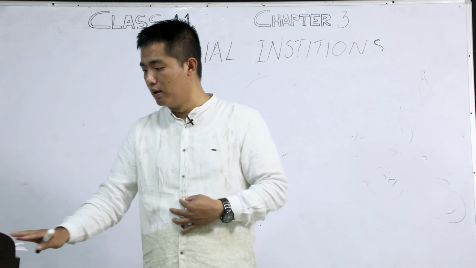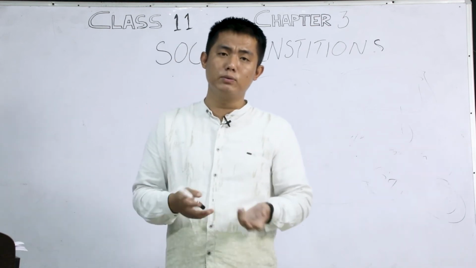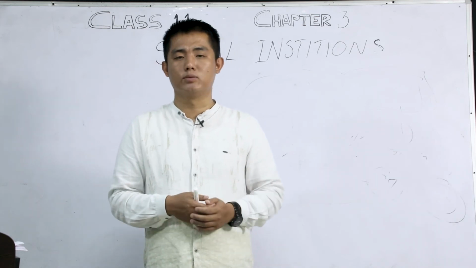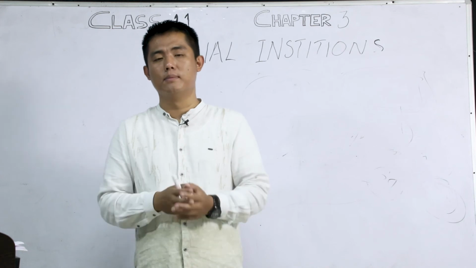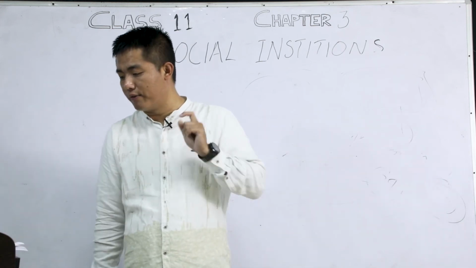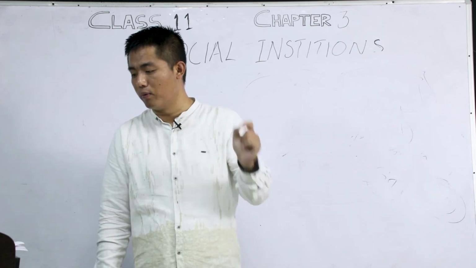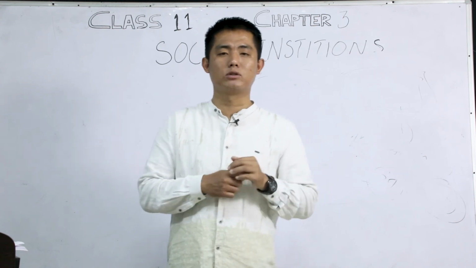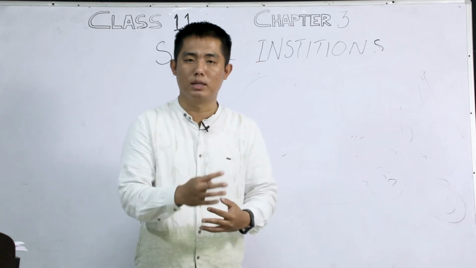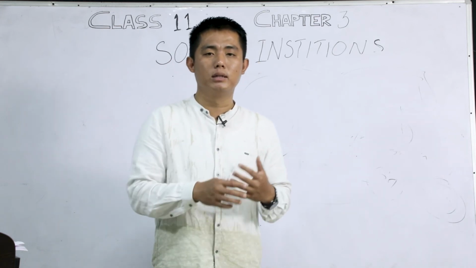That is what it means here. But a family can also include other persons, like your grandparents or some adopted children as well. So those become a part of your family. Now, Eliot and Merrill say that family is a biological and social unit composed of husband, wife, and children. Biological and social unit, it teaches an individual to socialize with the society, it teaches the culture of that particular society.